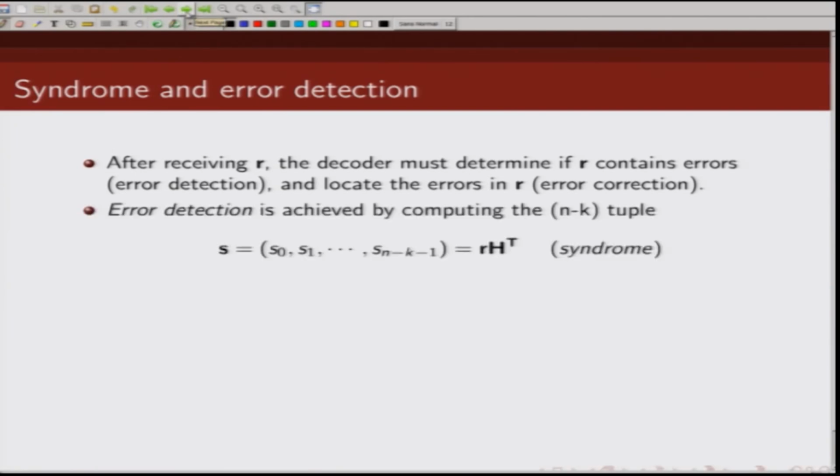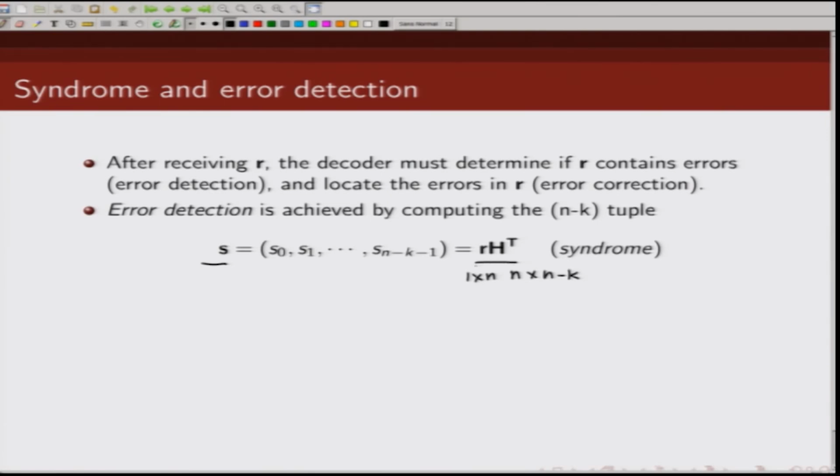So, we define a term which we call syndrome. What is a syndrome? Syndrome is computed by computing R H transpose. R is a 1 cross n vector, H is an n minus k cross n matrix, so H transpose is an n into n minus k matrix.